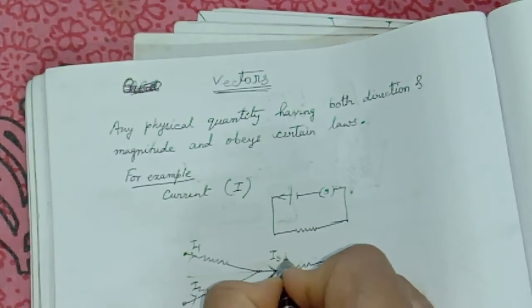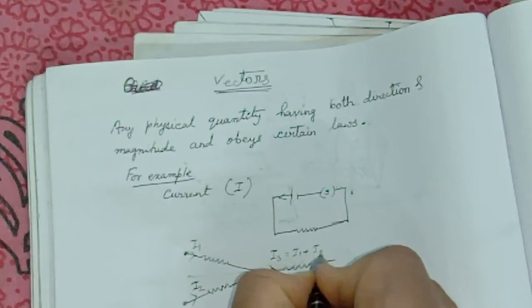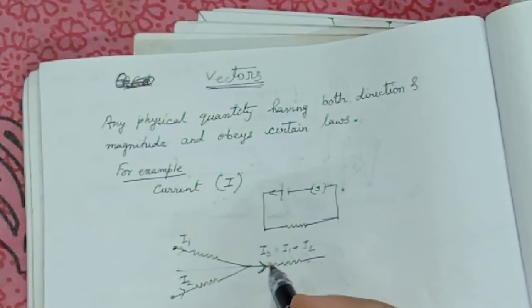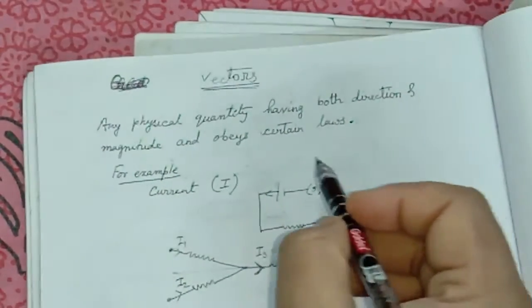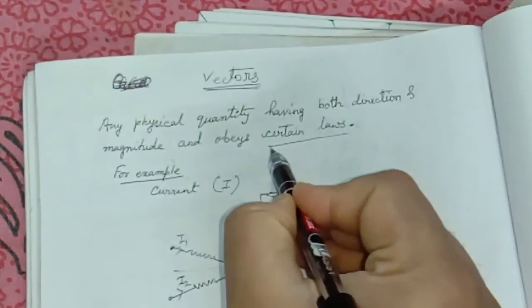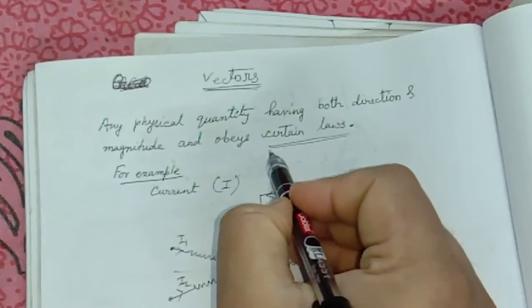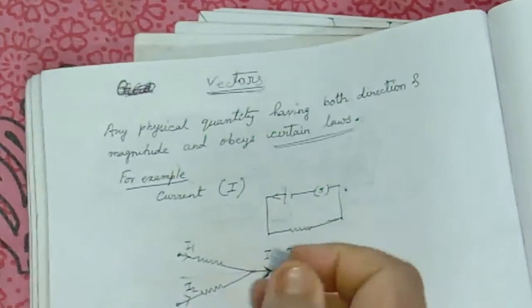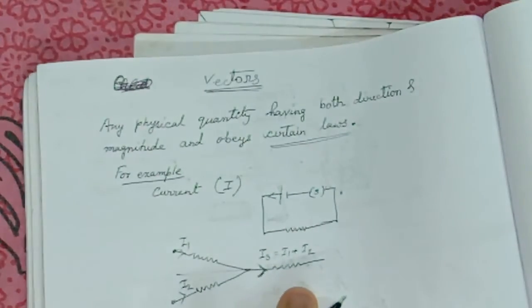That is, it will be given as I3 equals I1 plus I2. So it has no definite laws. It only obeys one law. But there are certain laws in vectors that must be satisfied for a physical quantity to be a vector. Okay.